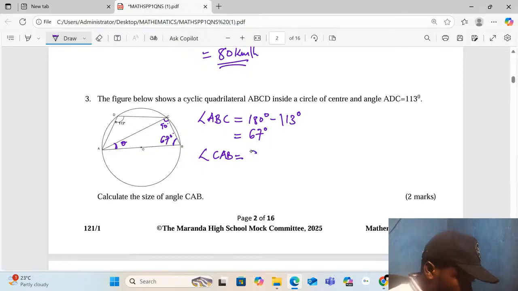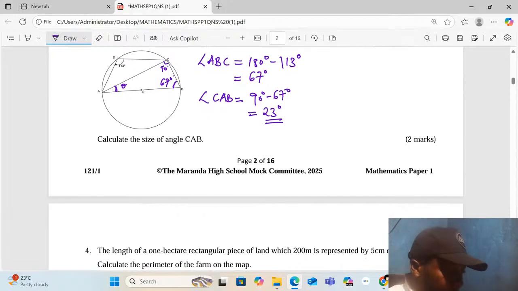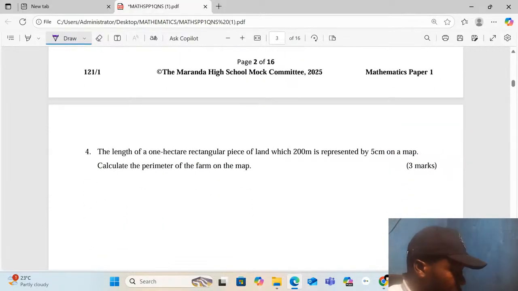So we simply take 90 degrees minus 67 degrees. So angle CAB becomes 23 degrees. Simple as that. Then you get your 2 awarded marks. Then we move to the next question.